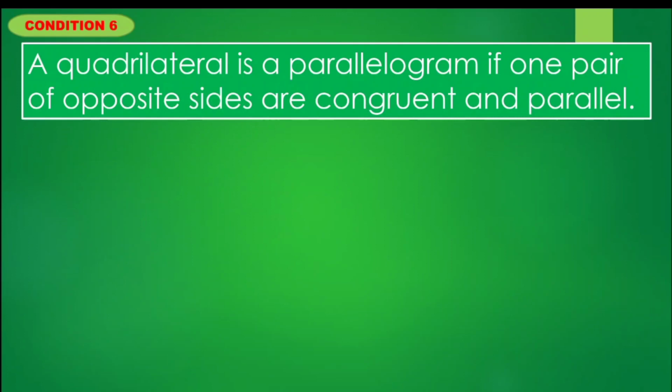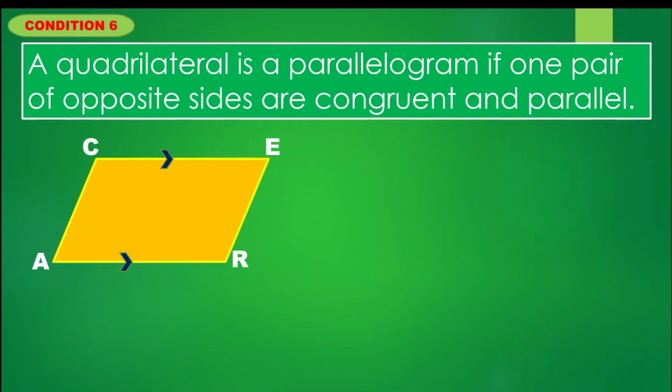Okay, next up, condition number 6. A quadrilateral is a parallelogram if one pair of opposite sides are congruent and parallel. This is very clear already. I think there's no need for us to give an example for this.